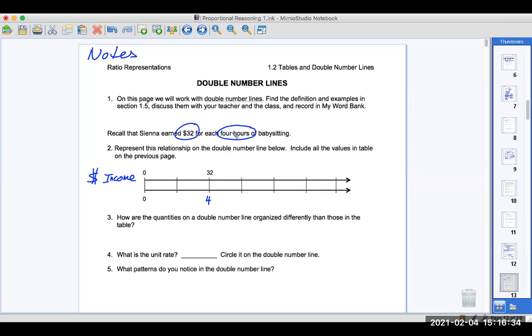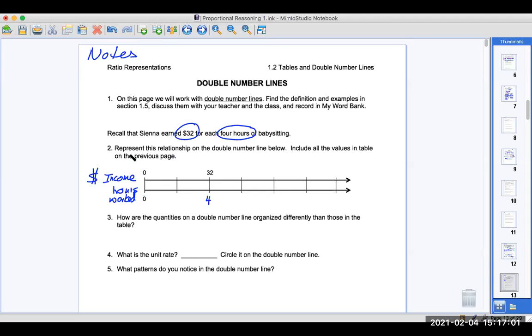And this down here, 4 hours, is hours worked, right? Notice we start with 0, 0 because if she doesn't work, then she doesn't have an income. Makes sense, right? Any proportion has to be 0, 0 in the start. If it's not, you're not going to have a real true proportion.